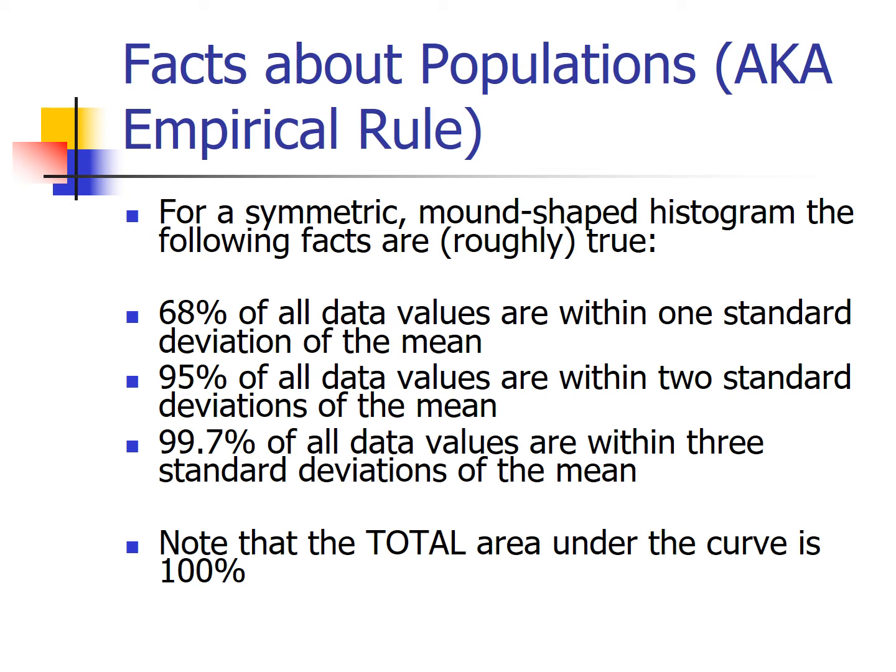And virtually all, although not quite, 99.7% of all observations are within three standard deviations of the mean. Now keep in mind, when we're talking about this histogram, the total area under the curve, which will be an important fact later, is 100%. It's 100% of the area.